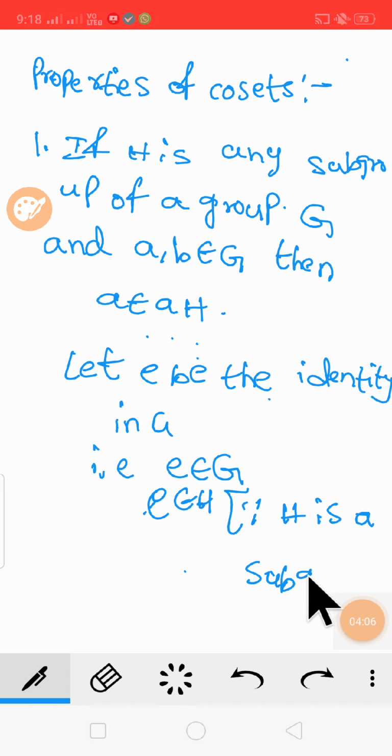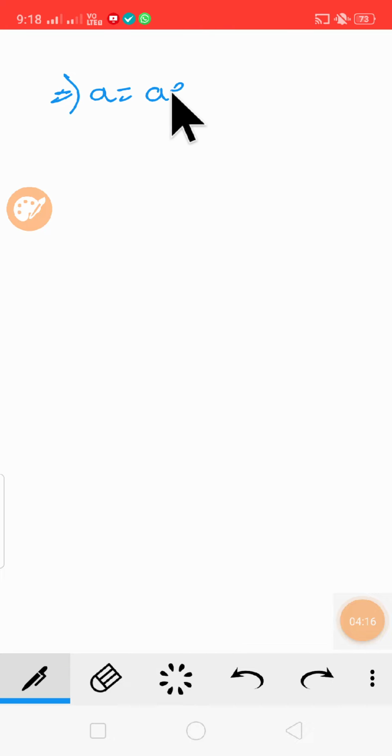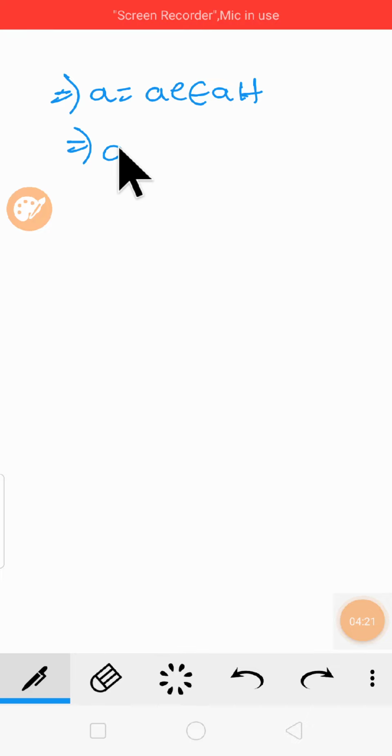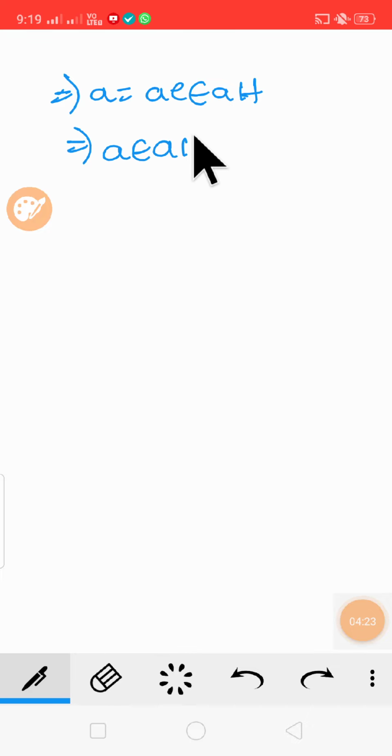Here we have e belongs to H, implies a = ae belongs to aH, implies a belongs to aH. Since G is a group, by identity, and H is also a subgroup, so a times e equals a, and a times e belongs to aH.